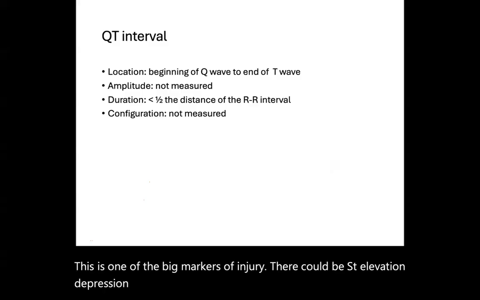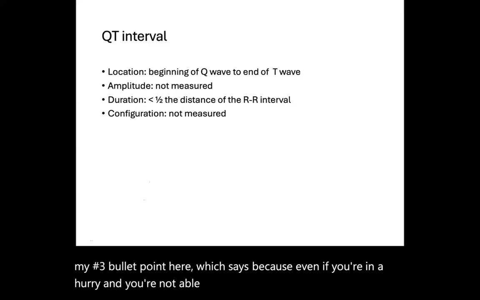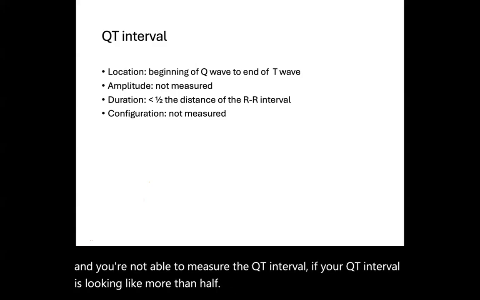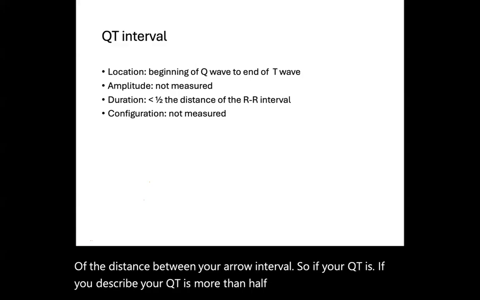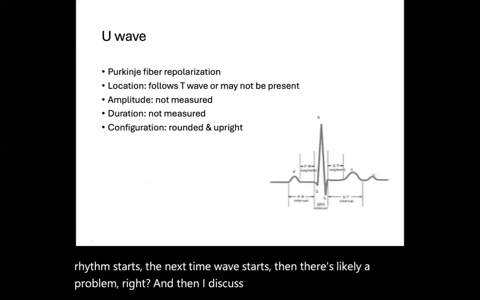The QT interval, I like this short thing, my number three bullet point here, because even if you're in a hurry and you're not able to measure the QT interval, if your QT interval looks like more than half of the distance between your RR interval, so if you discover your QT is more than half of the time before the next wave starts, then there is likely a problem, right? And then I discussed the QTc and Bazett formula in other courses.